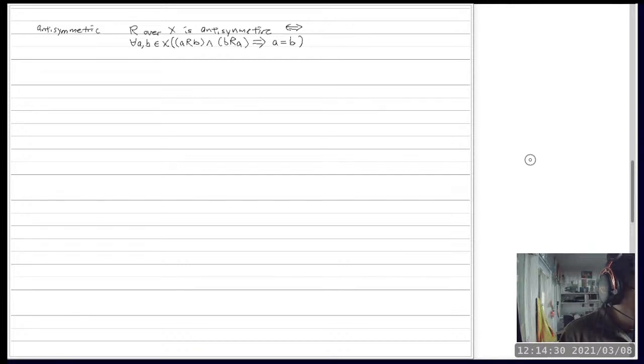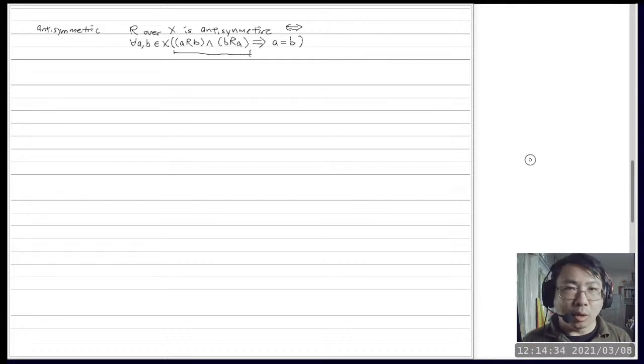Okay, so now we look at this conjunction, because if this conjunction is always false, then we don't have to worry about whether a equals b or not, because this conjunction is also the antecedent of the implication, which means it is on the left-hand side of the implication.